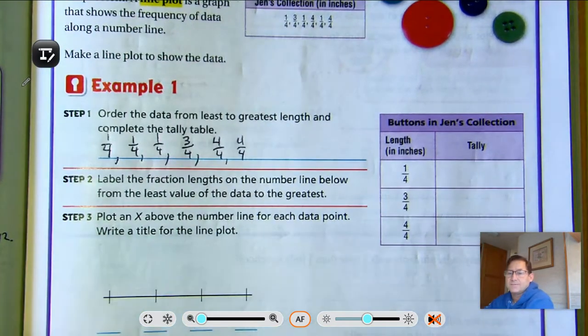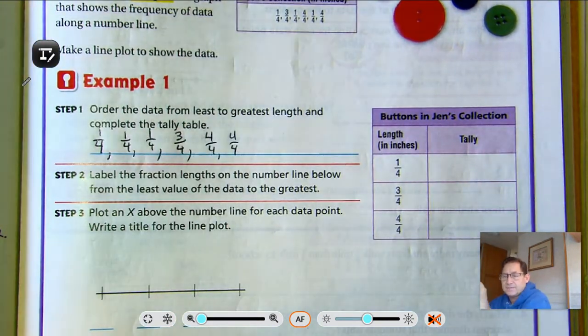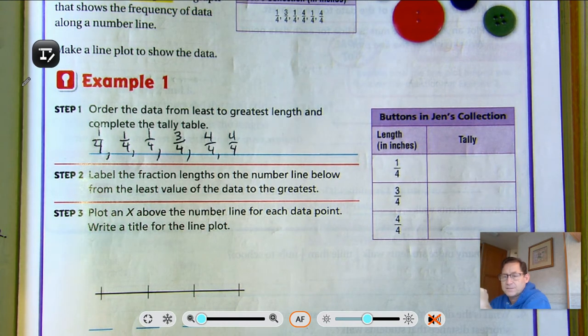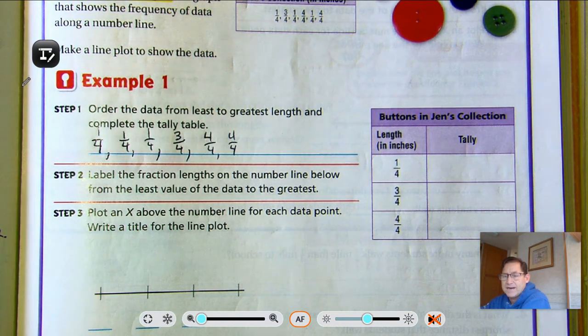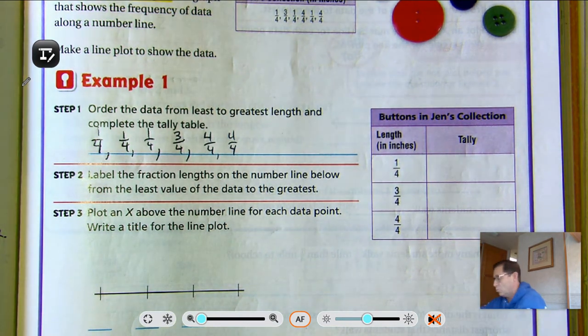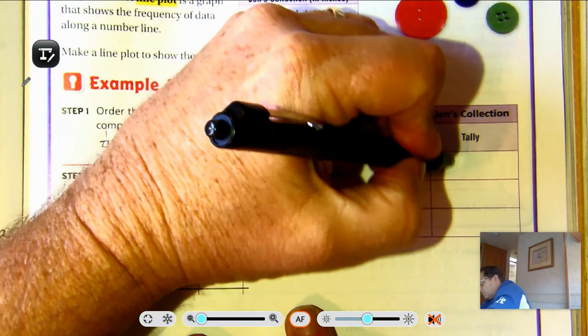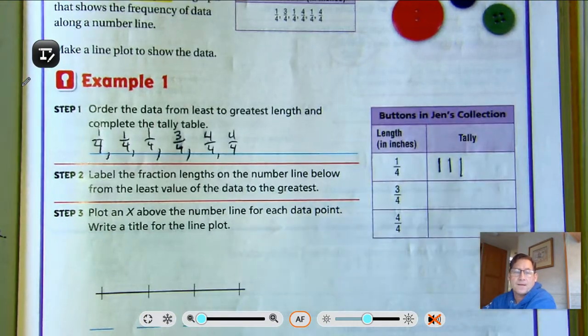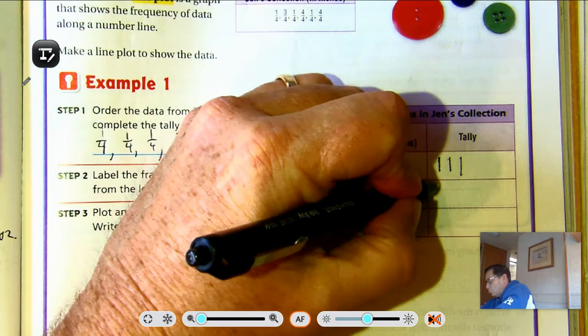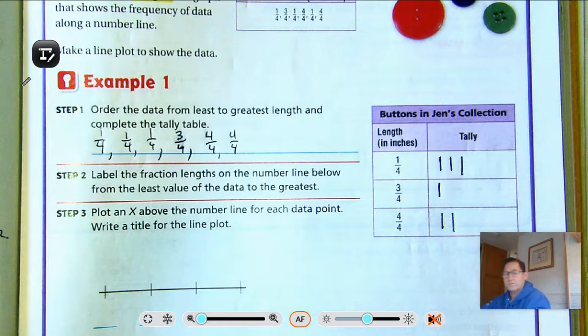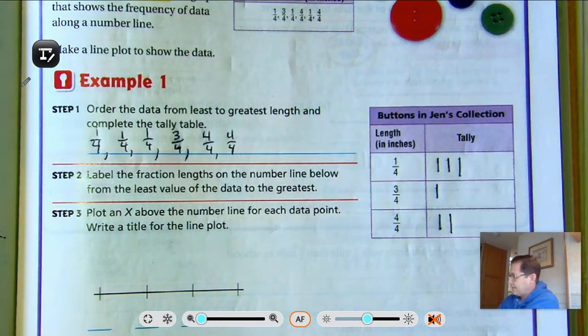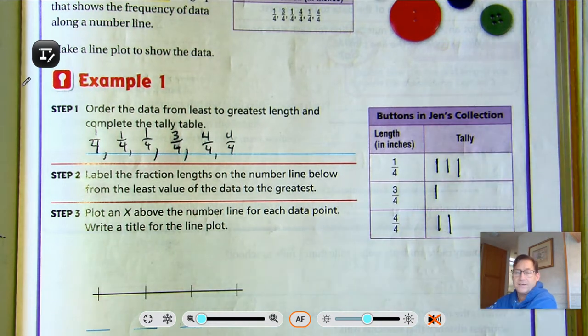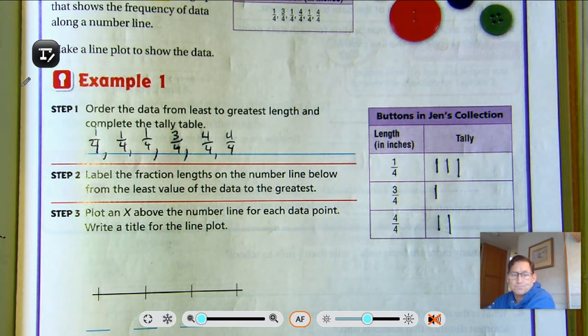So in a tally chart, remember we just make stick marks, and every fifth one we make a diagonal line across. So 1/4, 1, 2, 3, 3/4, 1, and 4/4, there are 2. Now we take this information and we're going to put it into a line plot.